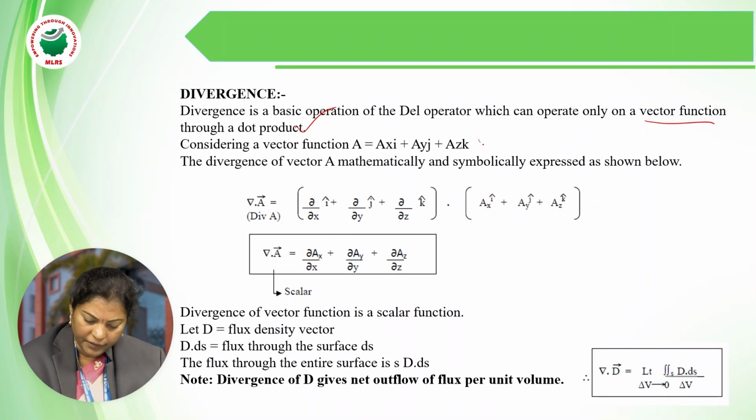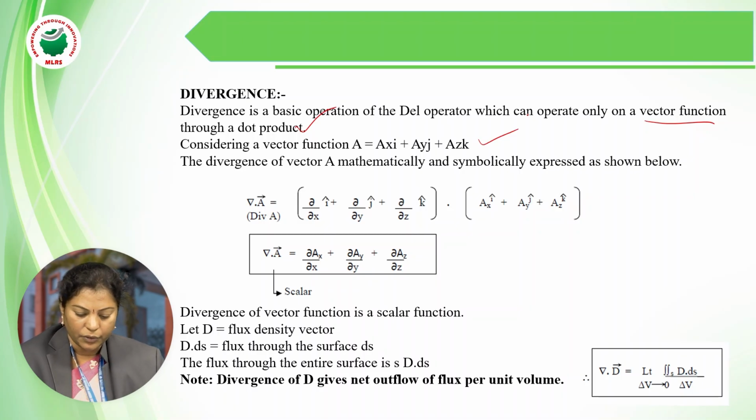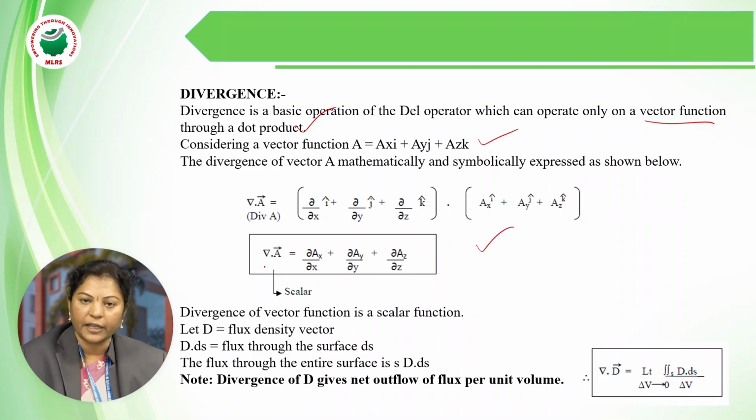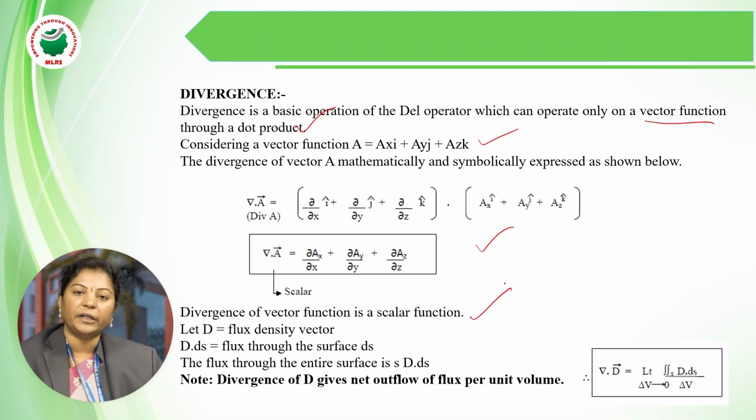Considering a vector function A, the divergence of a vector is defined as del dot A equals dou by dou x of Ax plus dou by dou y of Ay plus dou by dou z of Az. So the divergence of a vector function is a scalar function.